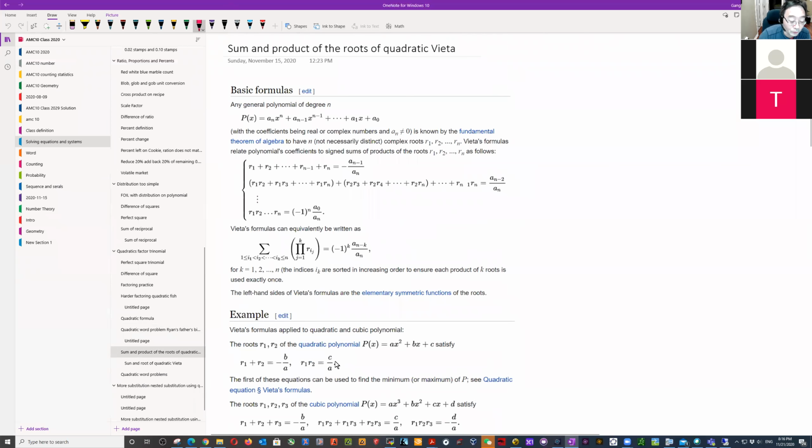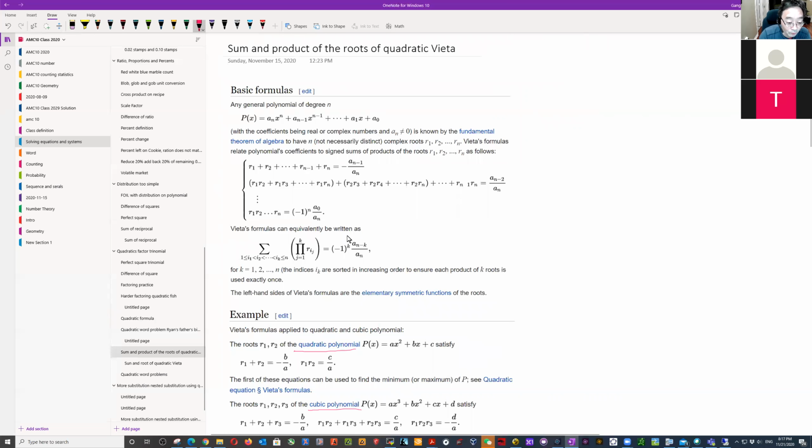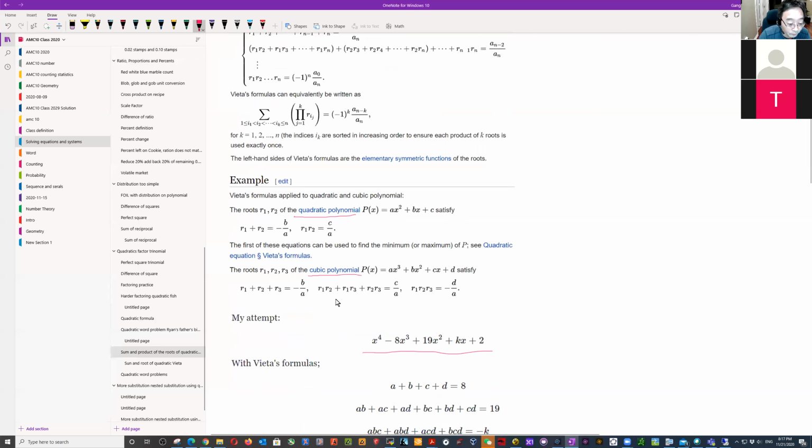In the real example, we'll look at the quadratic polynomial and also the cubic polynomial. Then we'll go back to this formula so you will understand the whole thing.